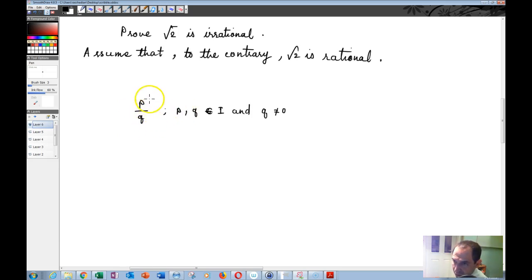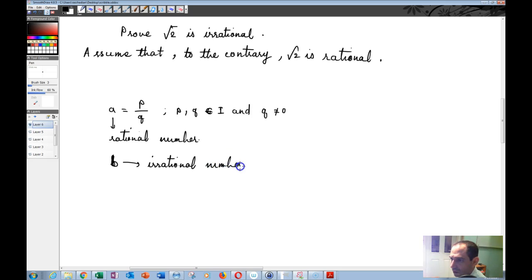So p by q, whatever that is, if you call it a, then a is a rational number. Otherwise, if there is some number b which cannot be expressed in this form, then this number is called an irrational number. That's the definition of rational and irrational numbers.